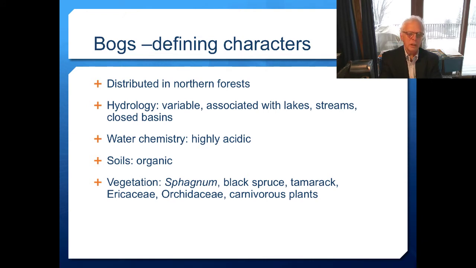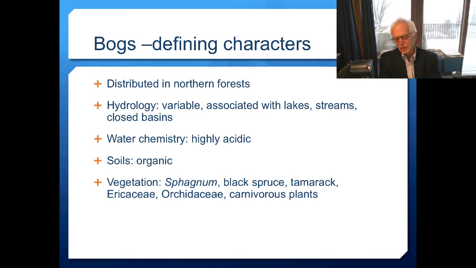Soils are very organic, if they can really be called soils at all. They tend to be basically 80 to 100% organic matter. The vegetation, of course, differs among different kinds of bogs. We talked about a black spruce bog. Clearly, there's a lot of black spruce, sphagnum, tamarack. There oftentimes are orchids, different kinds of orchids, and carnivorous plants.